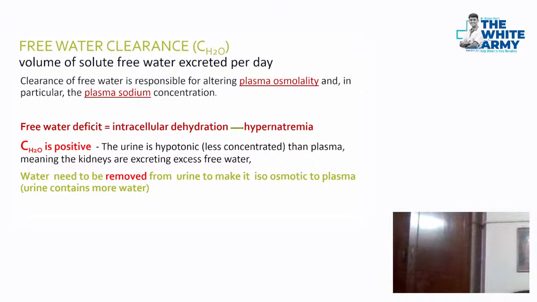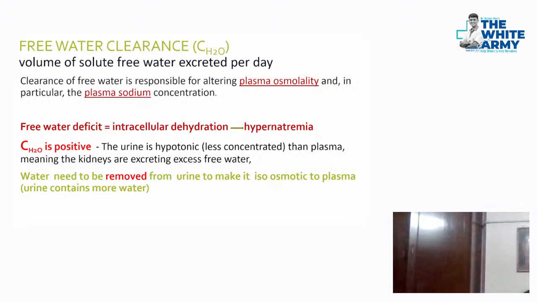That is, the plasma has a high osmolarity and the urine has a low osmolarity. That means the urine contains more water than what is required to excrete the solutes. So there is a hypotonic, hypoosmolar urine. To make it isosmotic to plasma, we have to remove water from this urine.